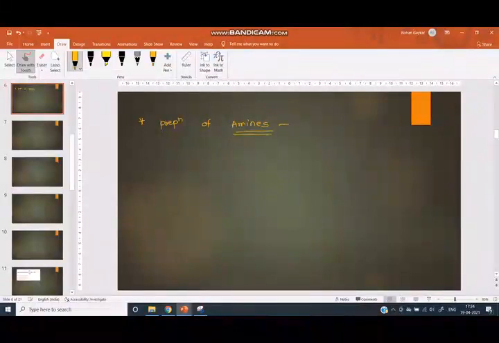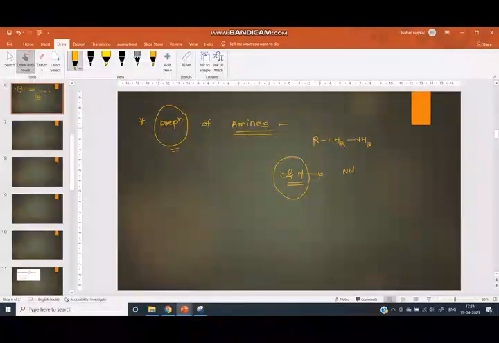For that we have to know what is the formula of amine. This is the formula of amine, RCH2NH2, and how we prepare the amine. The amines we prepare from the compounds containing carbon and nitrogen, like nitriles, alkyl nitriles, nitroalkanes, amide.